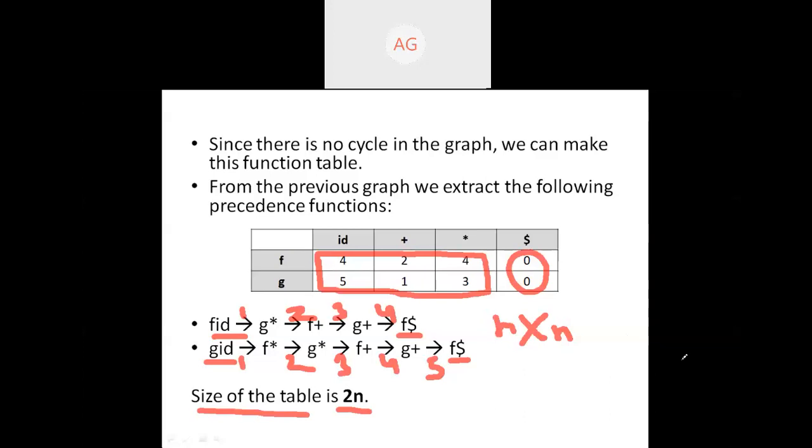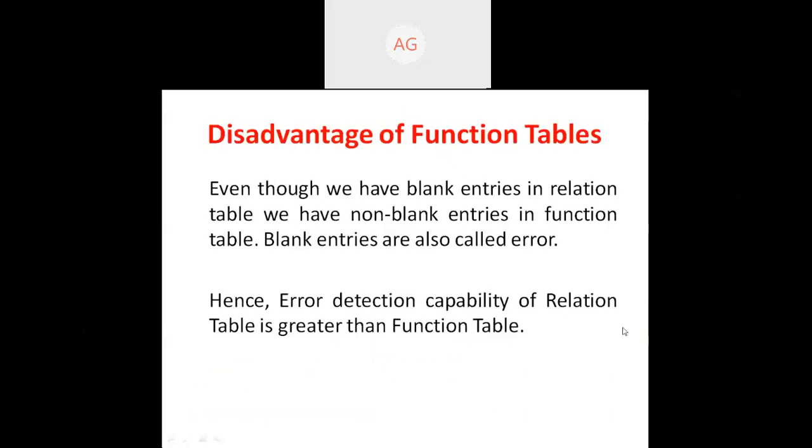So moving to the next slide. The disadvantage of the function table is that in the relation table we have blank entries, 2 blank entries out of 16. Only 14 entries are filled and 2 are left blank. But in the function table, we have no blank entries. Blank entries are also called errors.